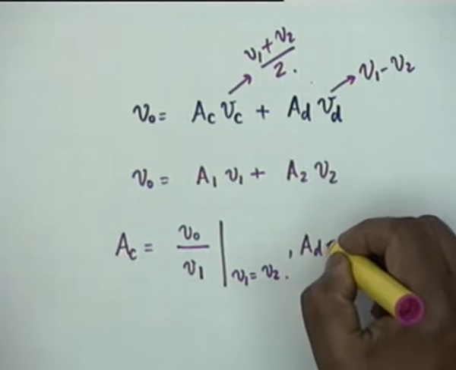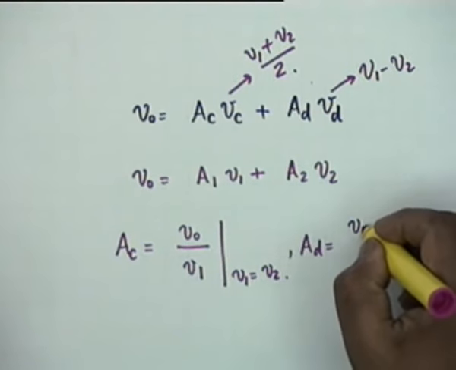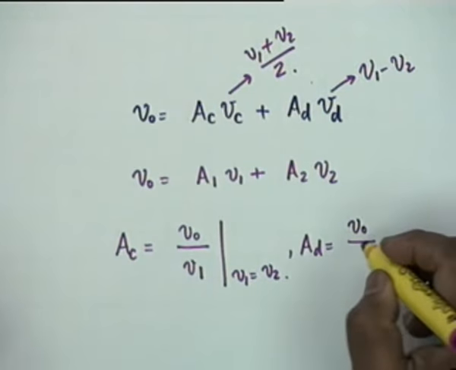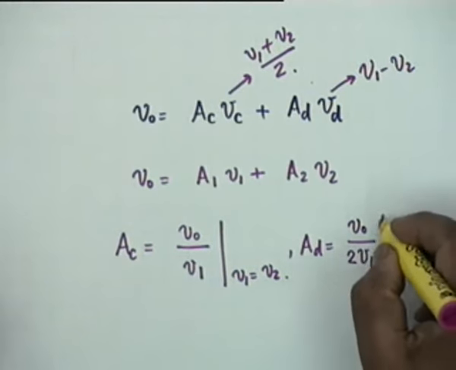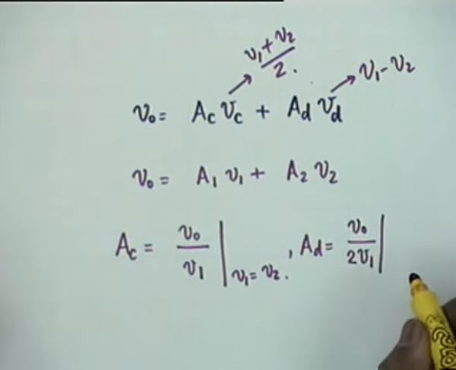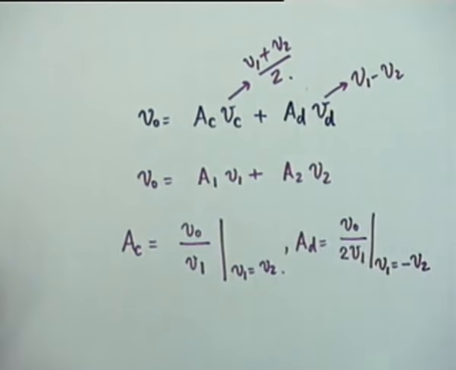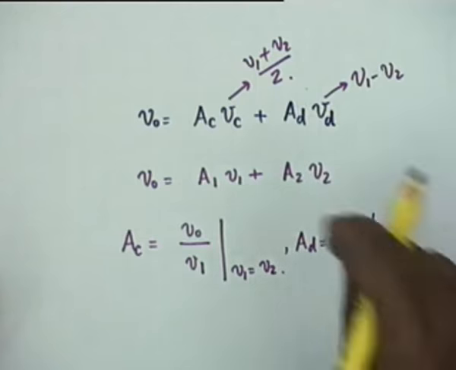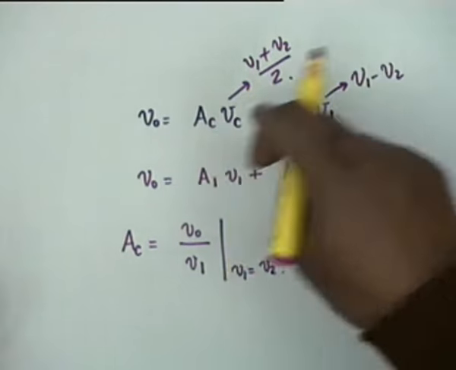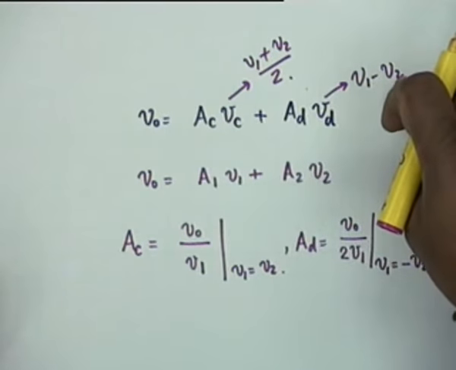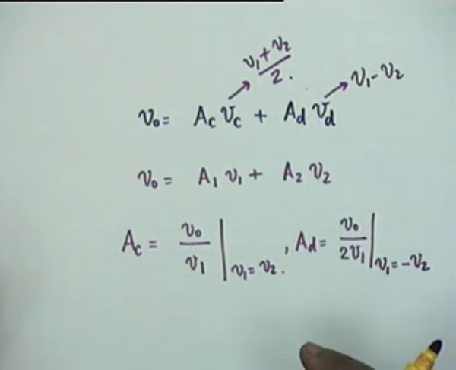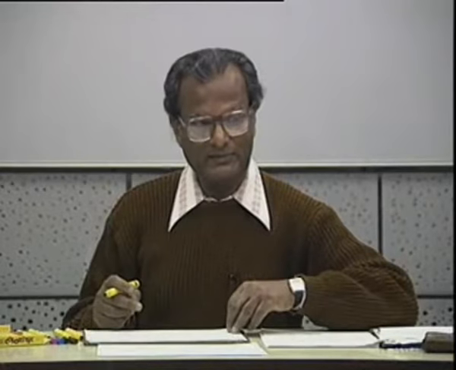Similarly, A sub D would be V0 by 2V1 with, you want to kill the common mode signal, so you make V1 equal to minus V2. If you make V1 equal to minus V2, then V sub C will be 0, and this will be twice V1, and therefore V0 by 2V1 under the condition V1 equal to minus V2. So given a differential amplifier, you can measure A sub C and A sub D very easily in the laboratory.